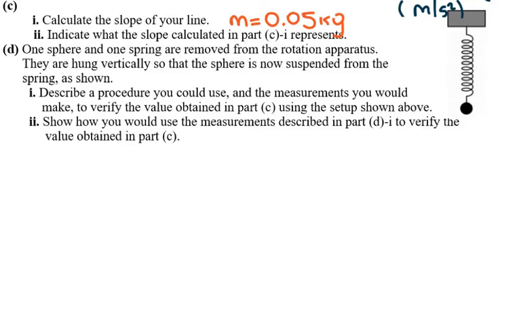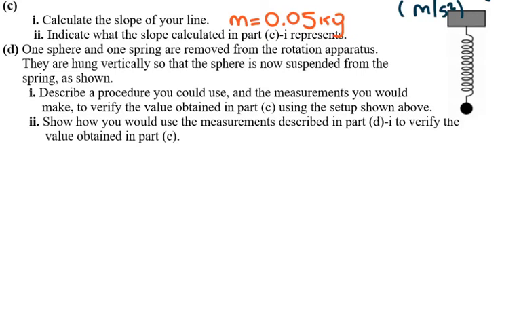Describe a procedure you could use and the measurements you would make to verify the value obtained in part C using the setup shown in the picture. Show how you would use the measurements described in the first part of part D to verify the value obtained in part C.